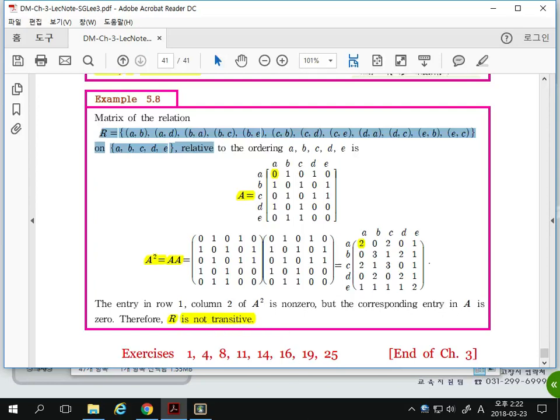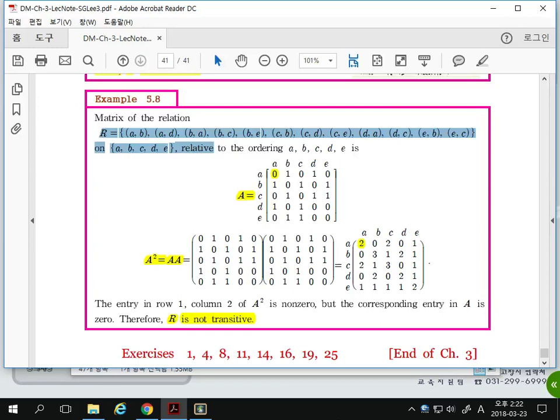So whether a relation is transitive or not can be decided by just the matrix product that you are quite familiar with. Instead of doing logic and counting all the things, the same thing can be decided by matrix multiplication, isn't it? So now you can change a problem of discrete mathematics to a problem of matrix product.